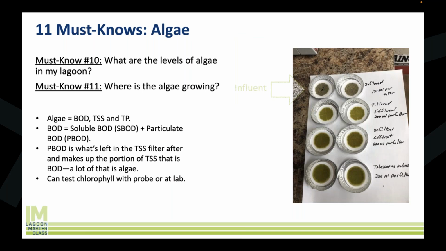At the top here is the influent, and as we go down, you get closer and closer to the effluent. Once they force the water through the TSS filter, which is 0.2 microns, all the solids stay on one side of the filter, all the water passes through, and then you can see what the solids are in that water.